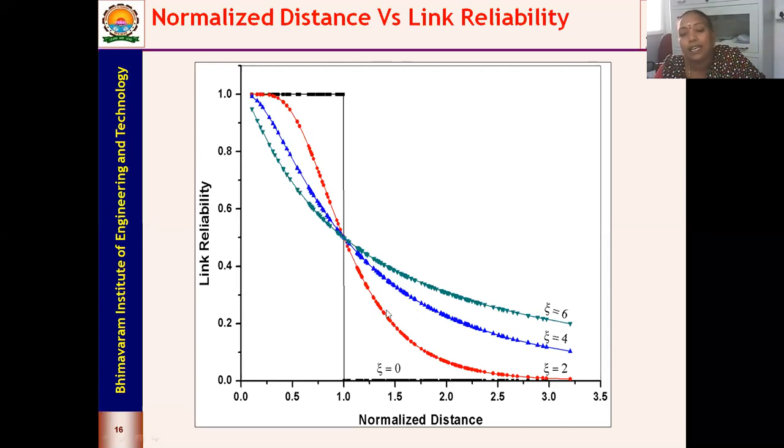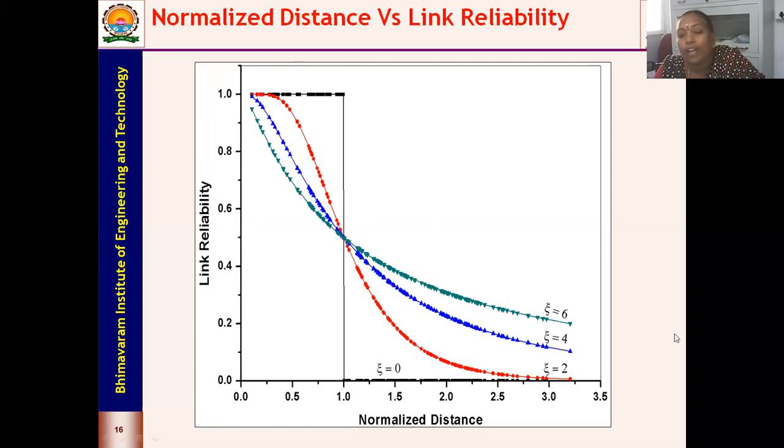So when I say psi is equal to 6, you see our link reliability is something between 0.3 to 0.4. Up to a value of 0.5 we are going to accept the link reliability values, and you compare the random values with the values between 0.5 to 1. When the random value is greater than the reliability value you have got, then you say that the network is going to be connected.